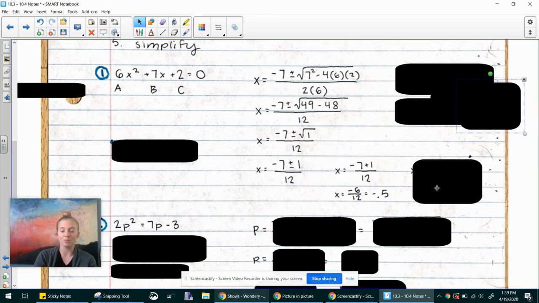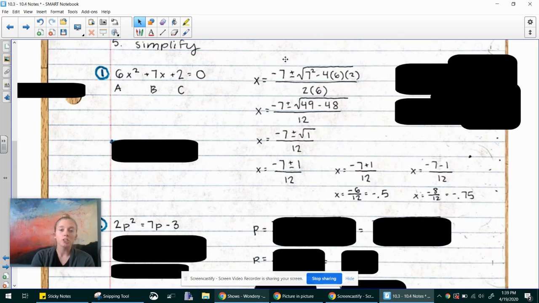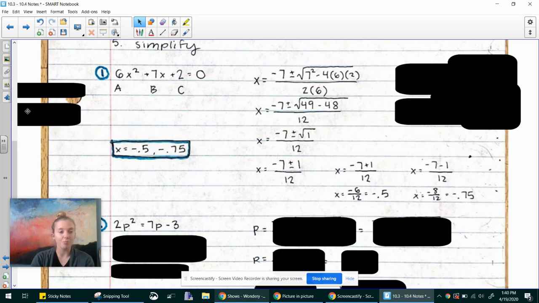Negative 7 minus 1 over 12 is the same as negative 8 over 12, which equals negative 0.75. So by applying the quadratic formula, we were able to discover that the two possible values for x that would make the equation true are negative 0.5 and negative 0.75.